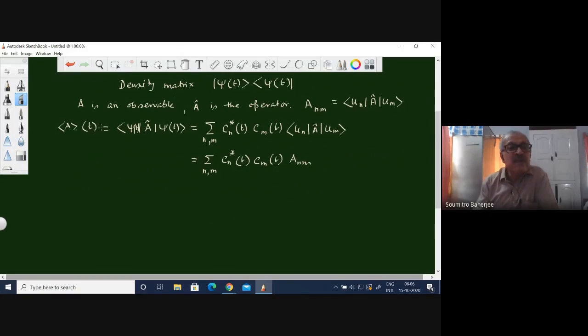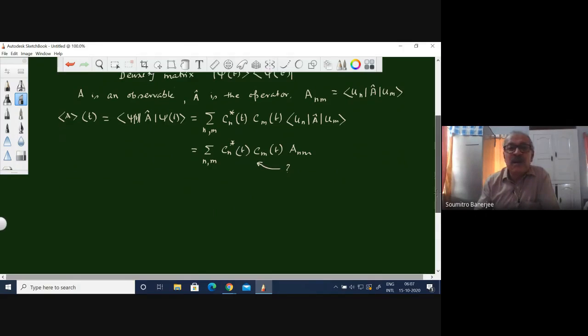So it is immediately clear that the average value, the expectation value, of any observable will be these two terms times the corresponding matrix element of the A matrix. And therefore this term is very important, right? So this term in this case is very important. What is it? That is the issue.